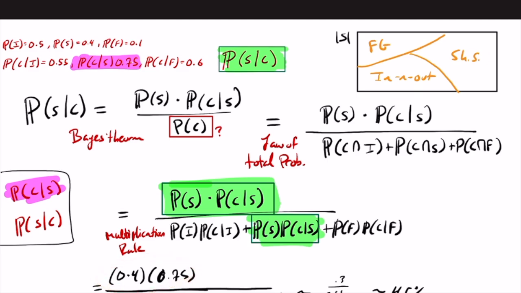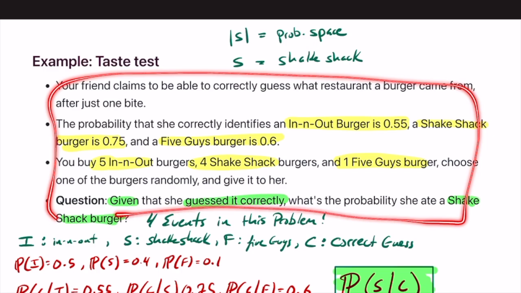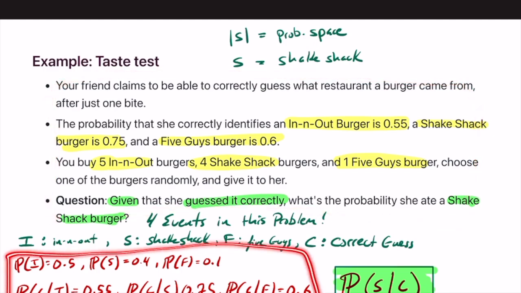So the only thing we had to find out was the probability of a correct guess. And the reason why we couldn't just get that immediately is because that was all packaged into this information here, which we were able to extract out. And yeah, I think the hardest part here is translating this stuff into this stuff.